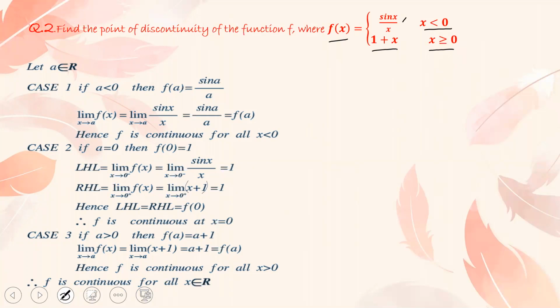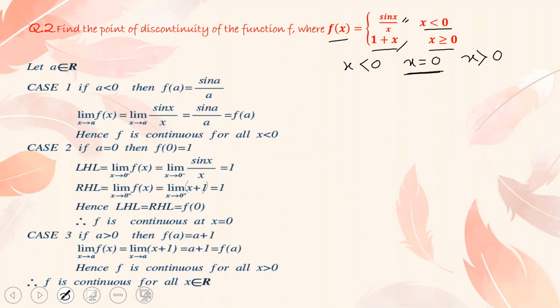So here also there are 3 cases, that is, x less than 0, x equal to 0 and x greater than 0. Why are we taking the point x equal to 0? Because before 0, that is the left hand side, the definition of the function is sin x upon x, but after 0, when x is greater than 0, the definition of the function is 1 plus x.